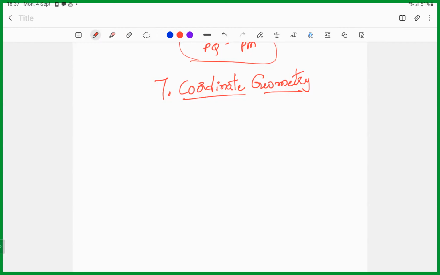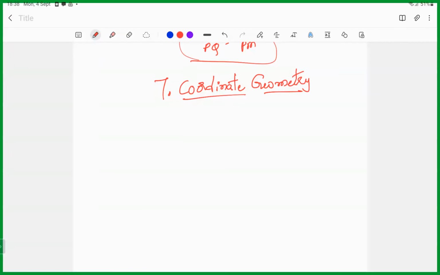Rohit, what are the graphs that you can have in 2D? Yeah, bar graph, histogram, pie chart, line. Line is in 2D, right? Circle, triangle, stock.